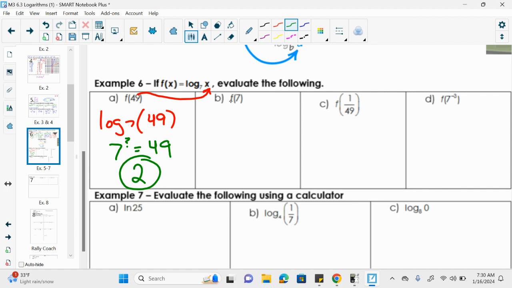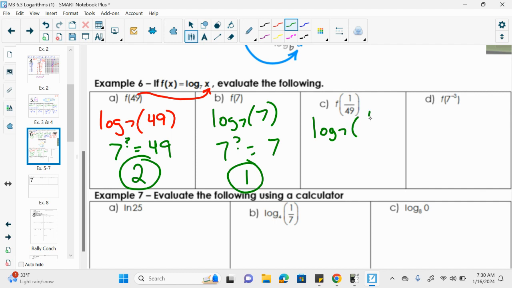Try another one. If we put in 7 for x, log base 7 of 7. 7 to what power equals 7? Well, 1, right? 7 to the first power equals 7. Log base 7 of 1 over 49. 7 to what power equals 1 over 49?